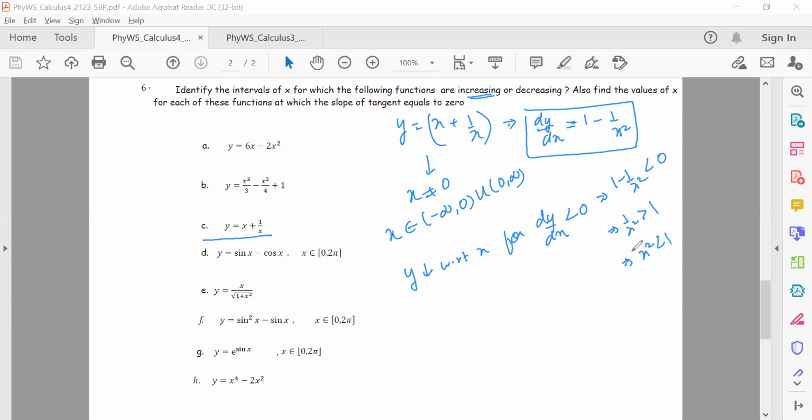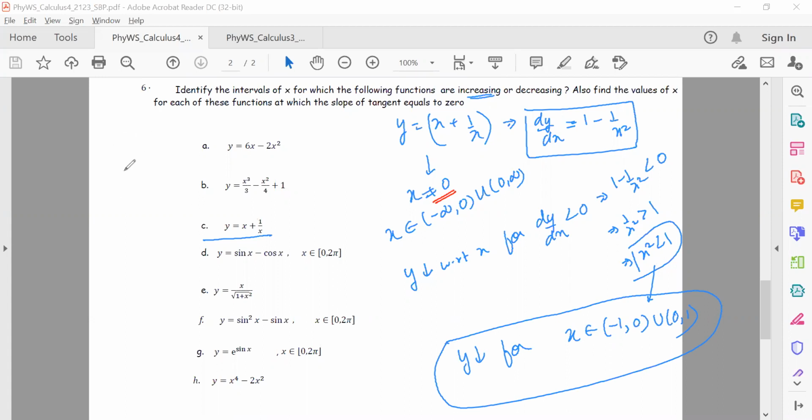So x square being less than 1, generally speaking, means minus 1 to 1. But here remember 0 is not included. So the point 0 should not be included. So the solution of this will become x belongs to the interval minus 1 to 0 union with 0 to 1. So y is decreasing for this interval of x.